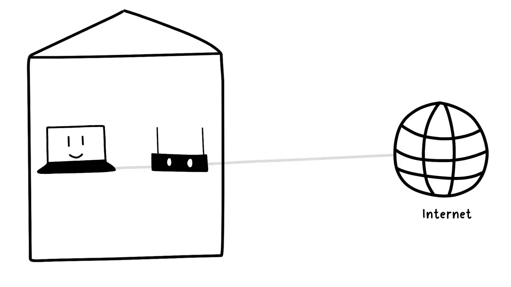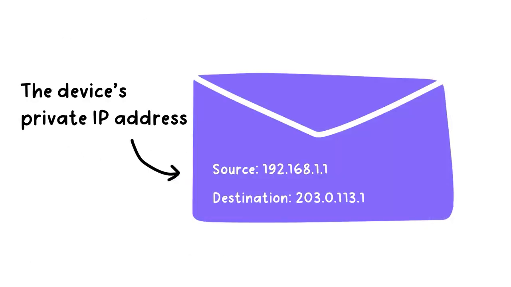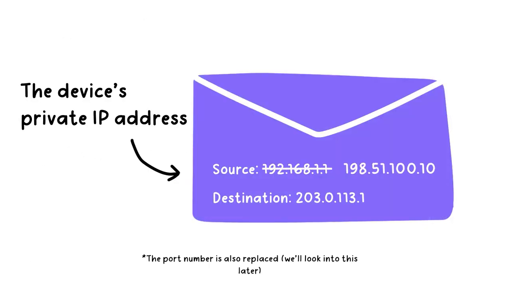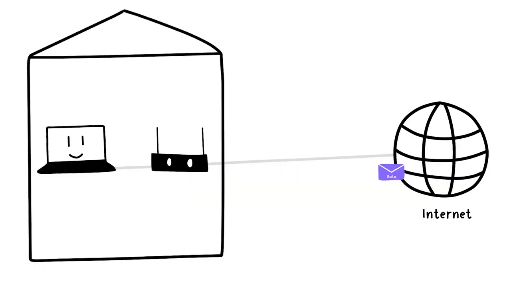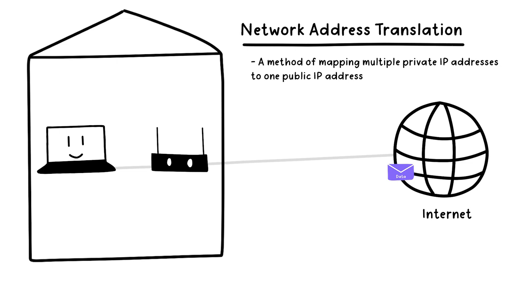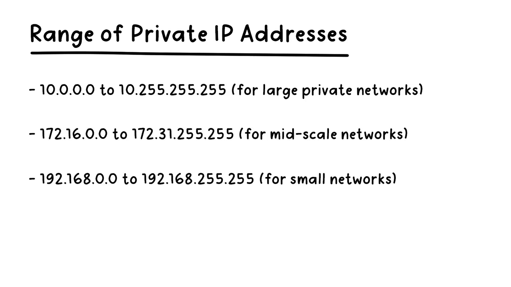When a device is within a local network, it uses a private IP address, and before its data goes out of the network, the router replaces the source IP address with its own public IP address, while the destination IP address remains the same. This process is called network address translation, and the advantage is that fewer public IP addresses need to be allocated to devices, while allowing for more IP addresses to be used within the private network.